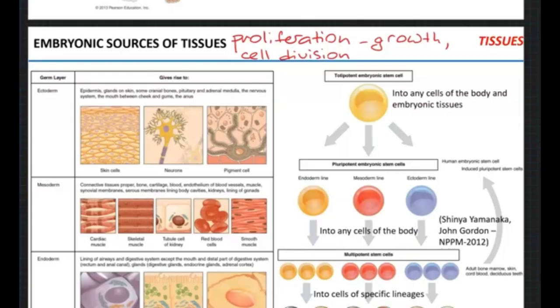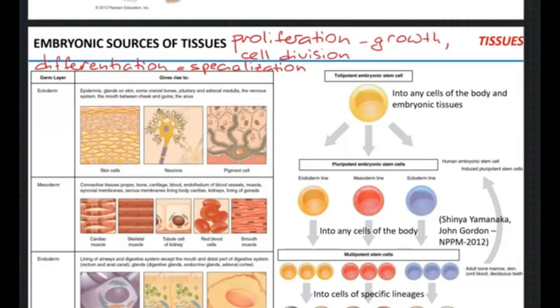The second term that I want you to know is the term differentiation. Differentiation means specialization. So, for example, many of you are going into a nursing program.